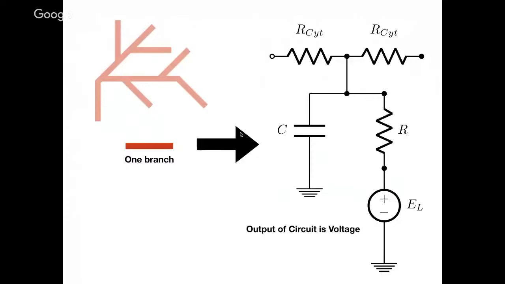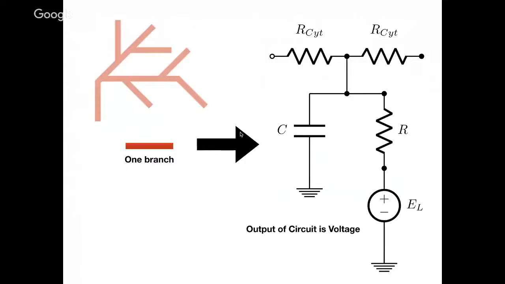EL is what we think of as leakage. You can think of it this way: if a neuron wasn't receiving any outside input or stimulus and was just sitting there, where would the voltage sit? In this model, it would be sitting at -65 millivolts.